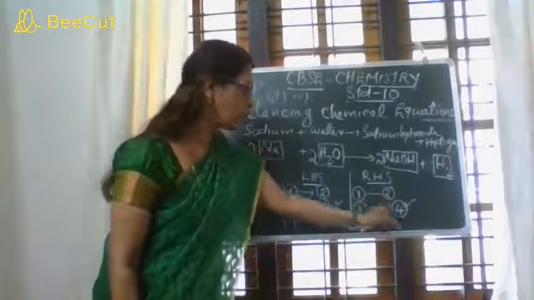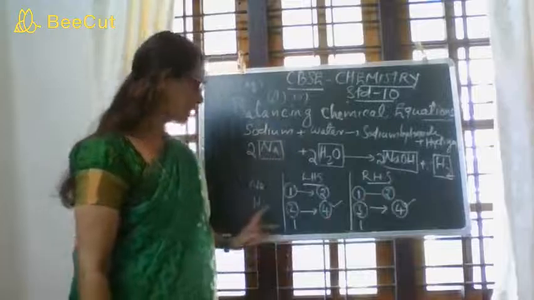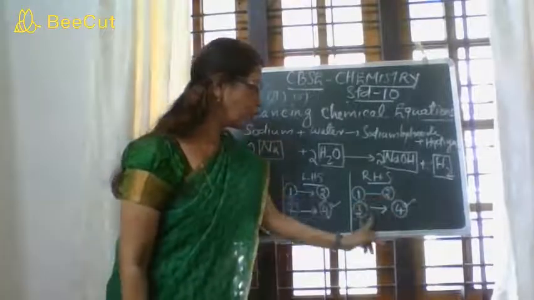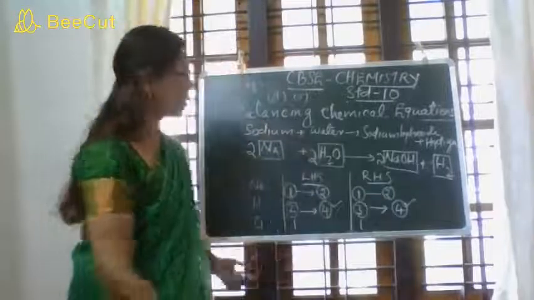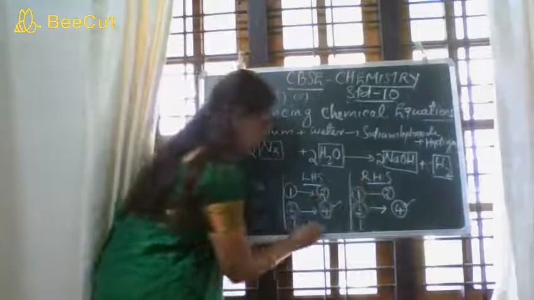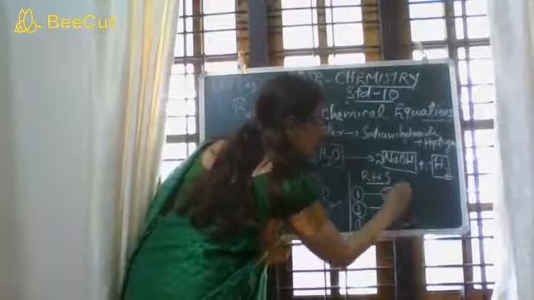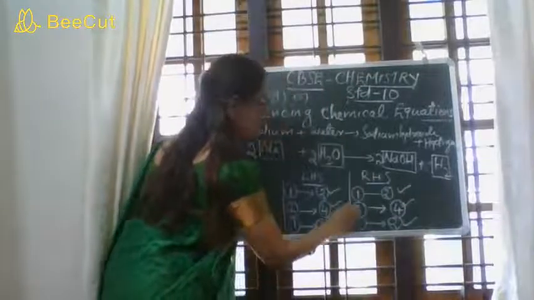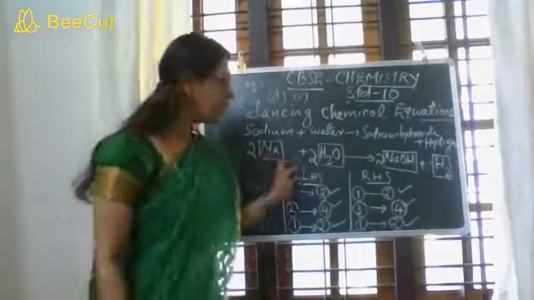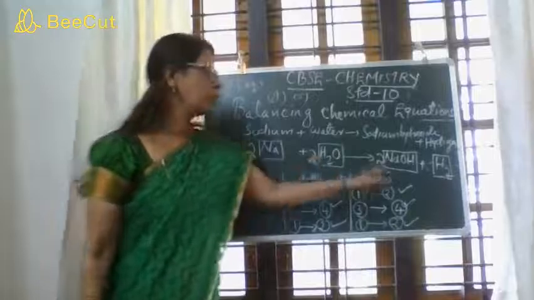Right side also 2 sodium. Left side hydrogen 4, right side also hydrogen 4. Oxygen now left side 2 and right side also 2. So this is a balanced chemical equation: 2Na plus 2H2O gives 2NaOH plus H2.